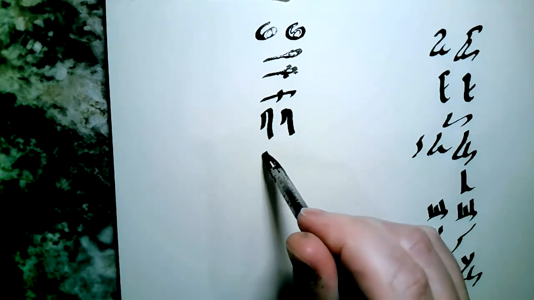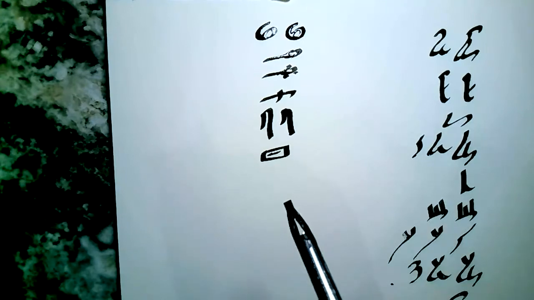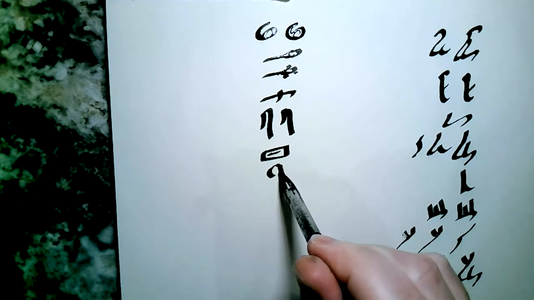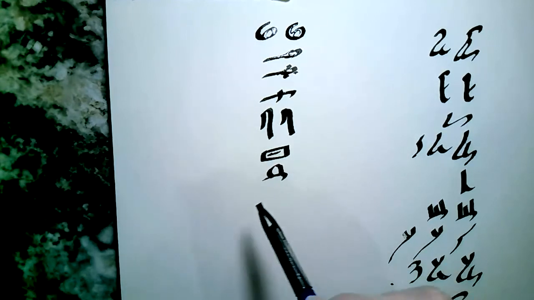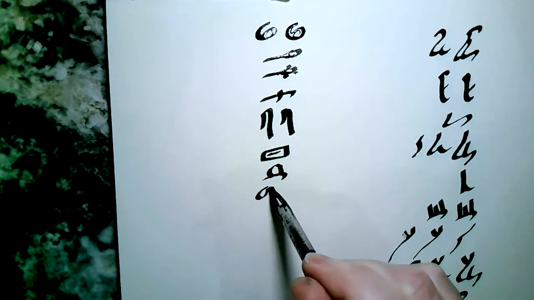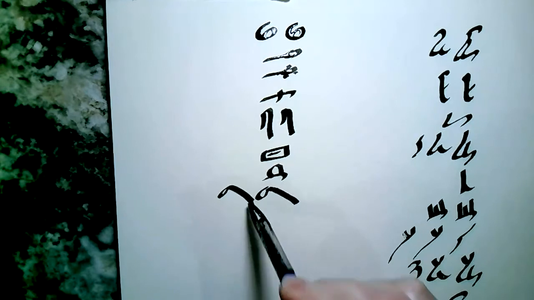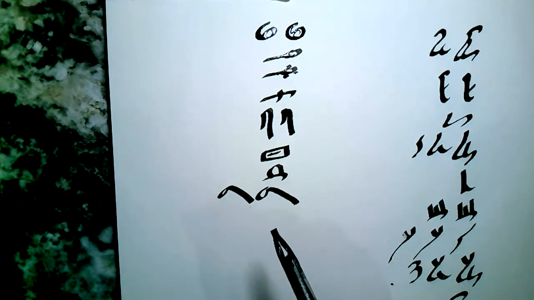Then comes the shin. Like this. Then the Q. Then the K. Well, that could also be flatter. Like this. I'm referring to the handle of the basket.